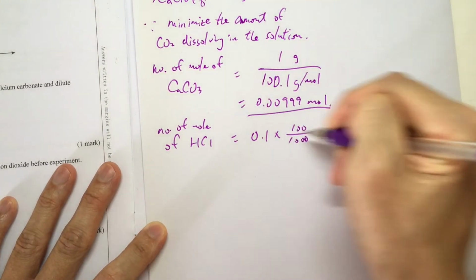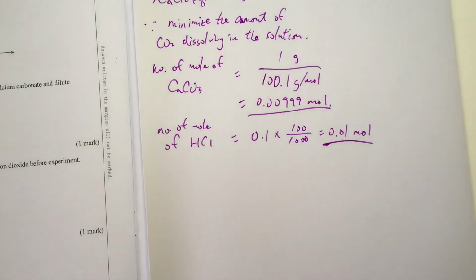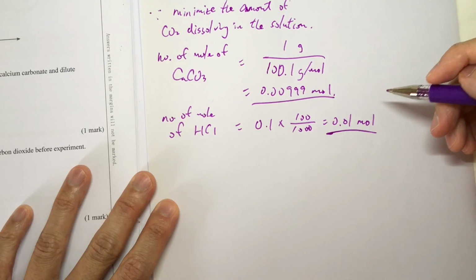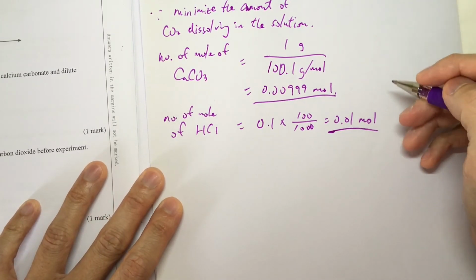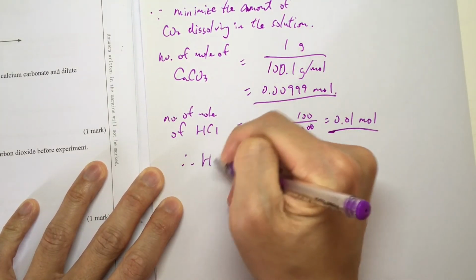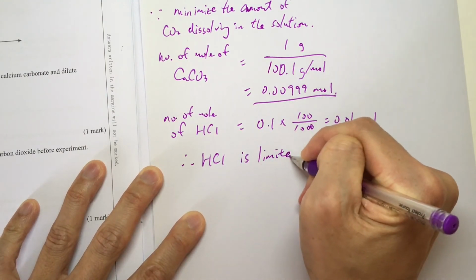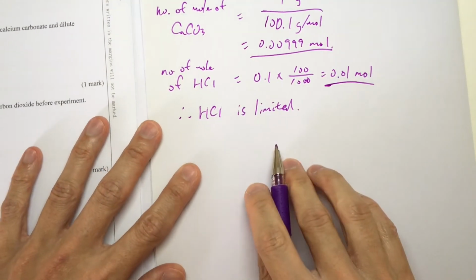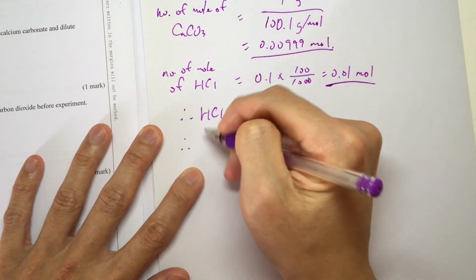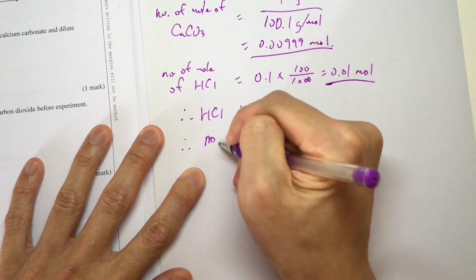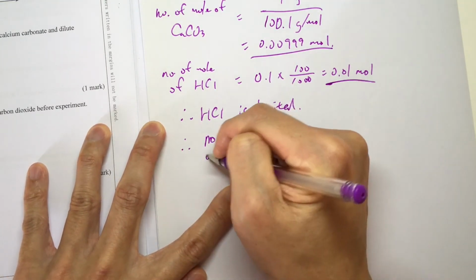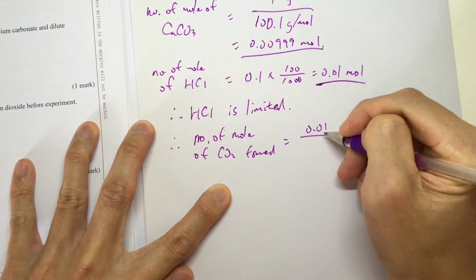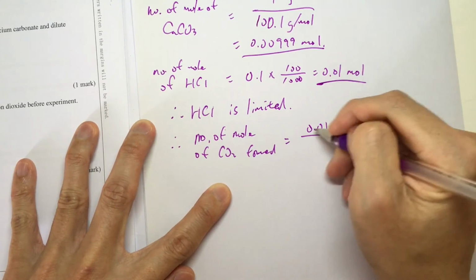So these two values were obtained, but we need to find out which one is in excess. After you calculate these two, you will get 1 mark. But from the mole ratio, HCl is limiting because the ratio is 1 to 2. So the number of mole of CO2 formed depends on the number of mole of HCl.